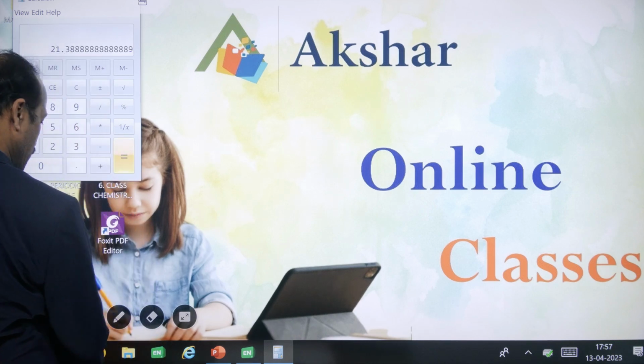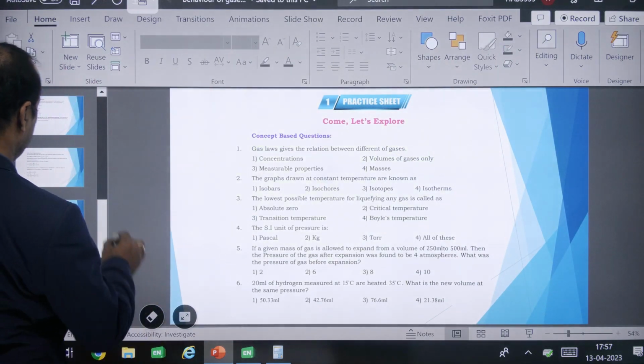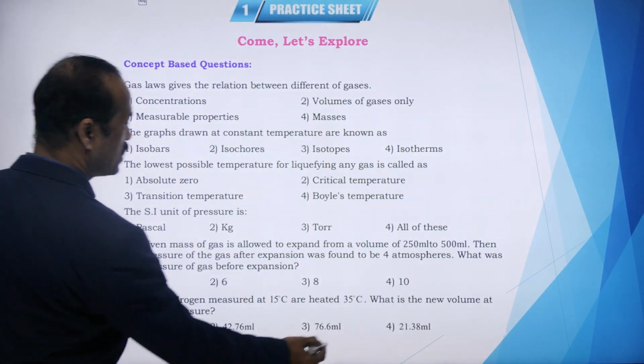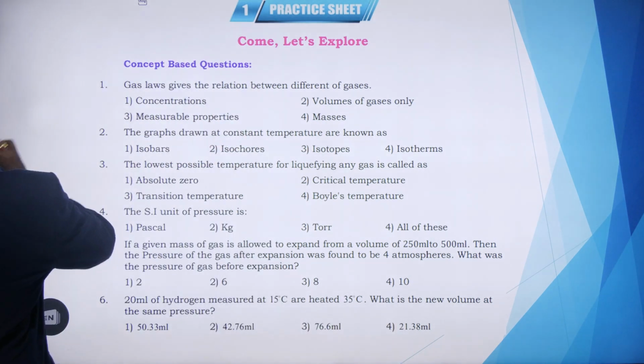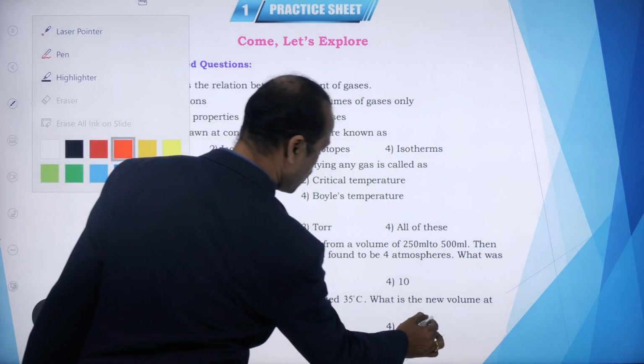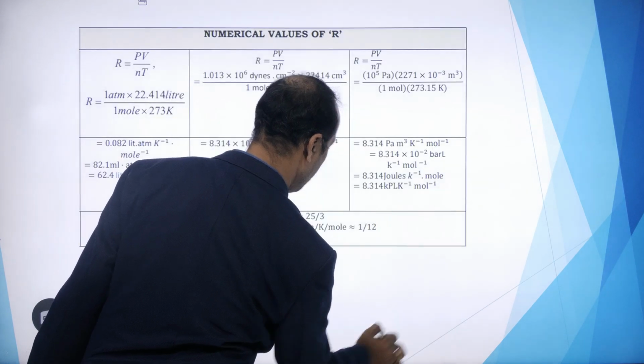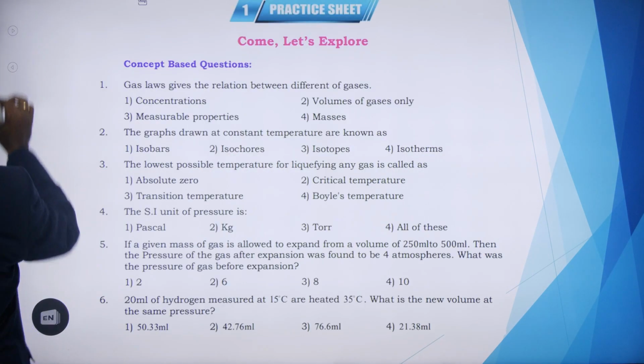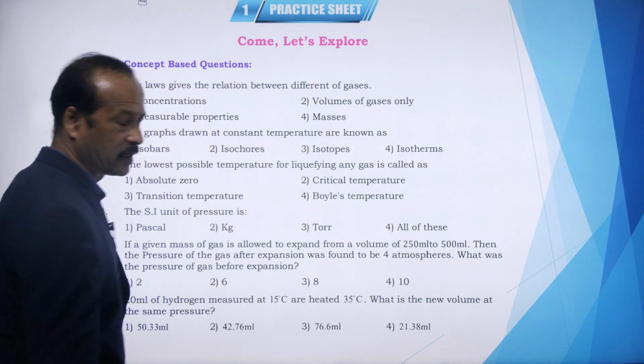That gives 21.38. Whether it is there in our answer options, once you check. Yes, 21.38 ml is there, students. So this is the right answer. Okay, so that's the right answer. Clear? 21.38 is the right answer.